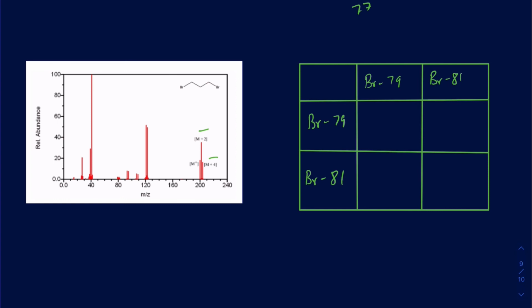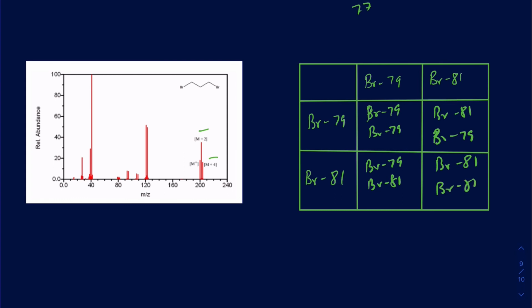So when I do the combination there and look at the probabilities, I see bromine 79 and bromine 79 coming once, so that's going to make an M plus peak. Then I see bromine 79, bromine 81 here. Then I also see bromine 81 and bromine 79 here. Then I'll see bromine 81 and bromine 81.